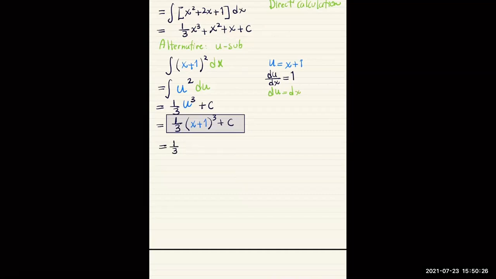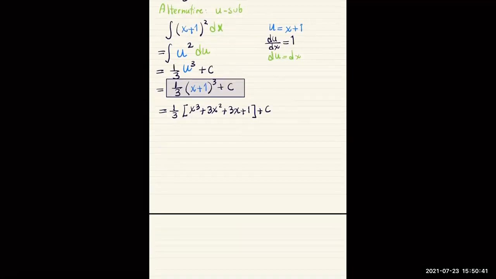If I cube x plus 1, again, you can use that Pascal triangle thing. You get x cubed plus 3x squared plus 3x plus 1 plus c. Or you could just multiply x plus 1 by itself 3 times. That's what you get. Then you multiply the 1/3 in.